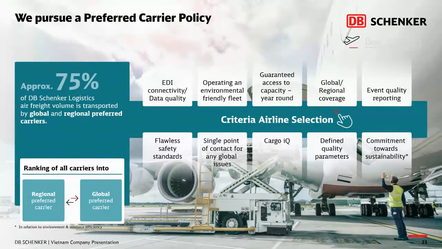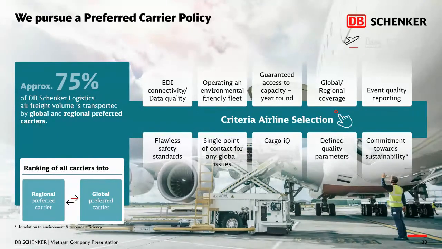This means we don't have an airplane in hand, but how can we serve customers in the best way? Of course, we have a clear strategy to cooperate with all the airlines. We call them the preferred carrier airlines. We have an annual review of all the airlines' performance, and based on this annual review, we will select the best partner to go for the next year.